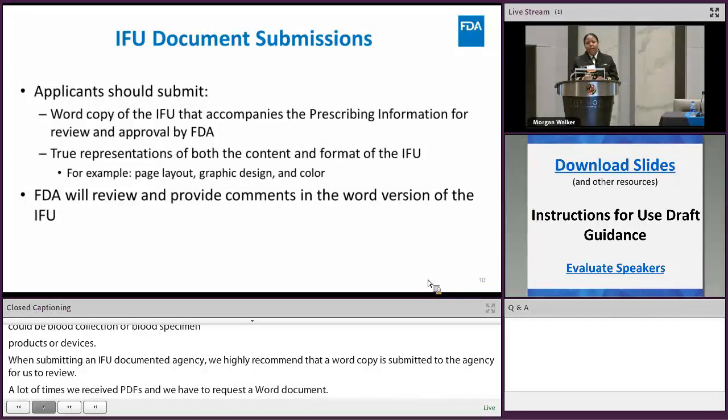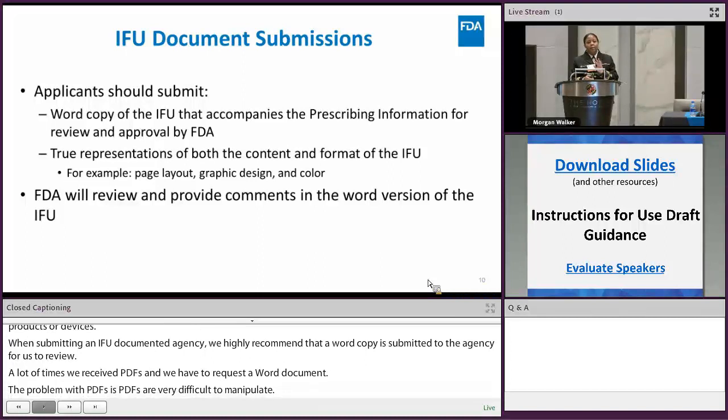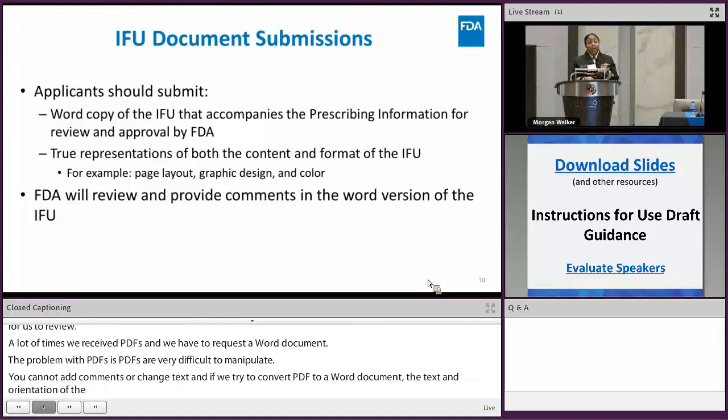We can't add comments, we can't change text within the PDF, and if we try to convert a PDF to a Word document, the text and the orientation of the document, the visuals can be extremely distorted. So we highly recommend Word copies be sent to the agency, and once we receive the Word document, we provide comments directly onto that draft of the IFU.